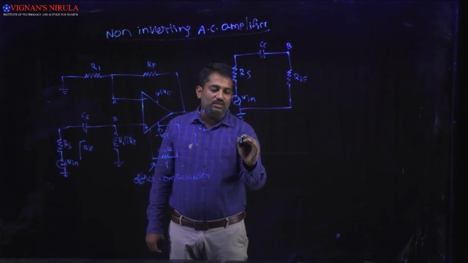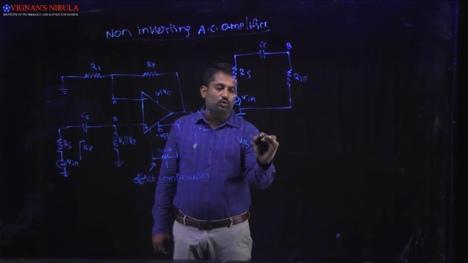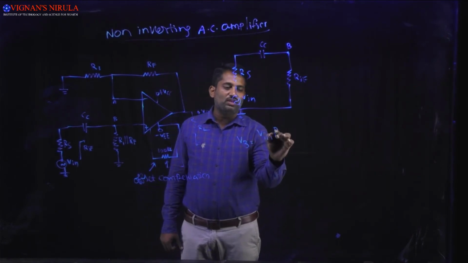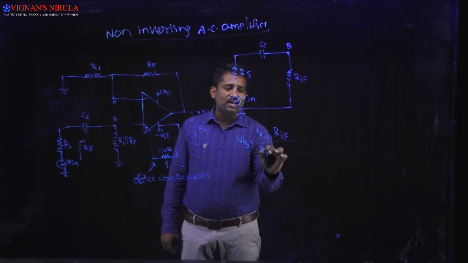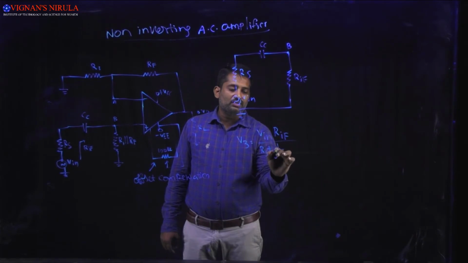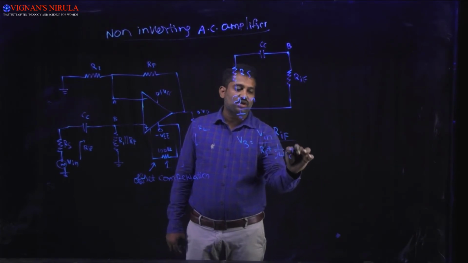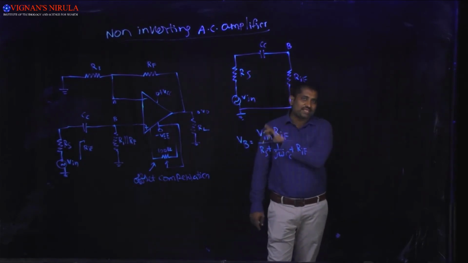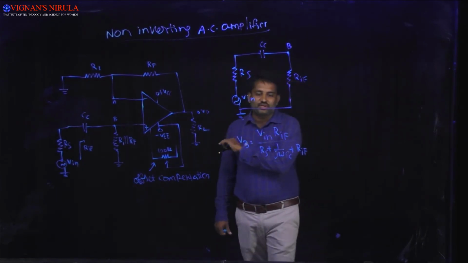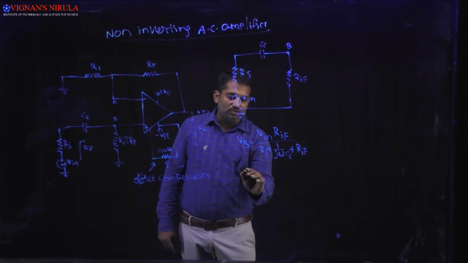VB is obtained using the voltage divider rule. Then it becomes Vin into RIF divided by RS plus 1 by J omega CC plus RIF. If you observe this, the equation is the same as what we got in the previous case. Now solve this and calculate the value of VB.